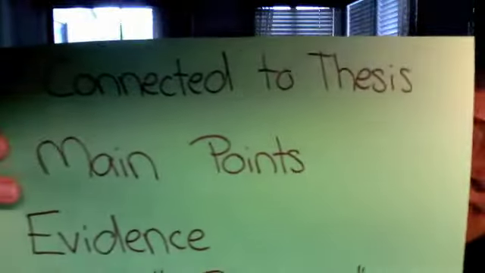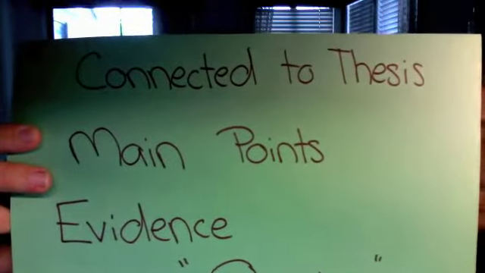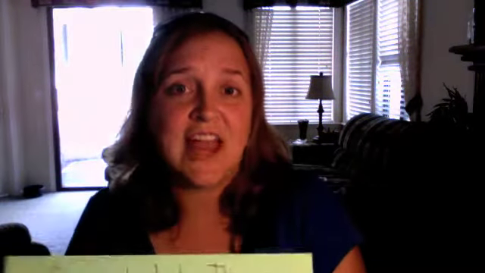You haven't added statements that are connected to your thesis, your main points, your evidence, and your quotes, okay? You're missing that. And this is where your essay actually has support.